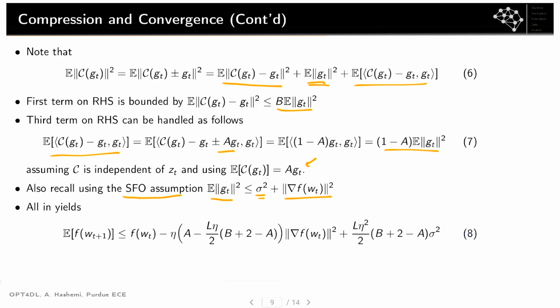Okay, so therefore, if we put all this result together, we'll be able to arrive at this equation, which is again very similar to what we had before for regular SGD, except that some constants are different. For instance, I have this larger constant here. I have this constant here, which I didn't have before.